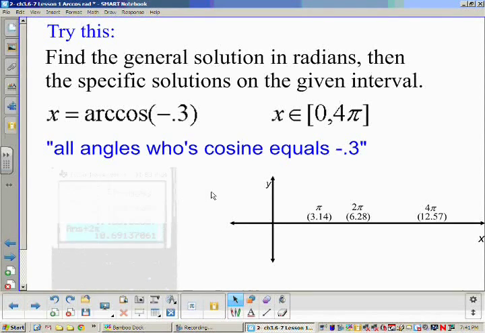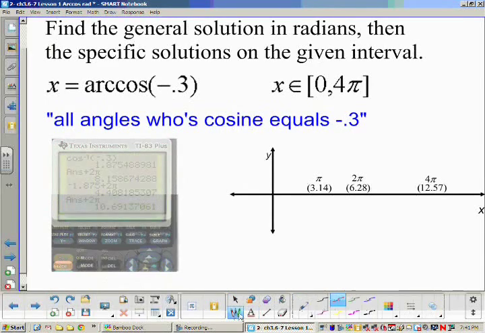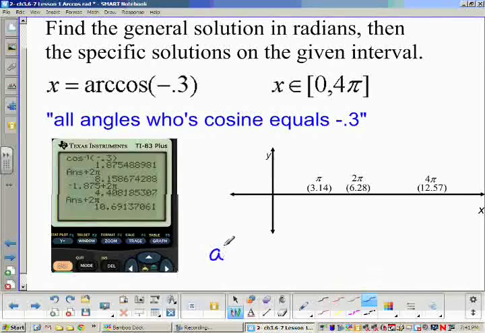All right, so to answer the first one, goes pretty quickly. We simply plug into our graphing calculator. So to find our first answer, we're going to have x equals plus or minus the first value here, 1.875, and that's in radians, not a real familiar looking number to me.